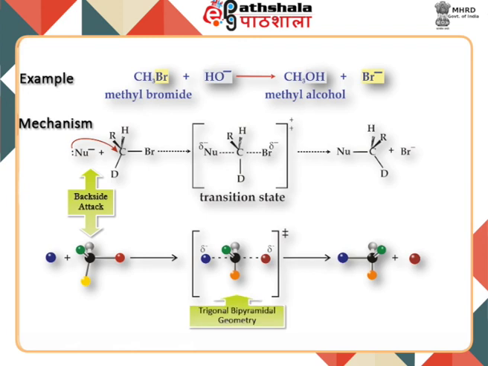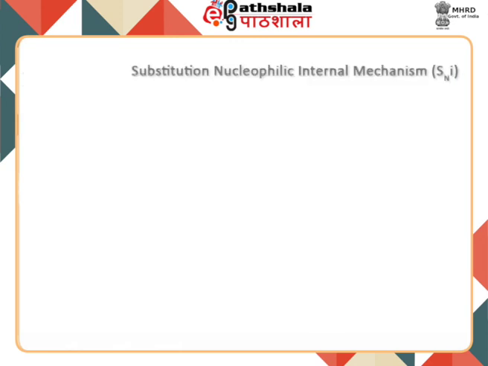However, the transition state looks like trigonal bipyramidal, but the product formed has a tetrahedral structure similar to the substrate. Thus, after the departure of the leaving group, the product formed will have inverted configuration. Thus, SN2 reaction is a one-step process where two reacting species are involved in the slow rate-determining step.